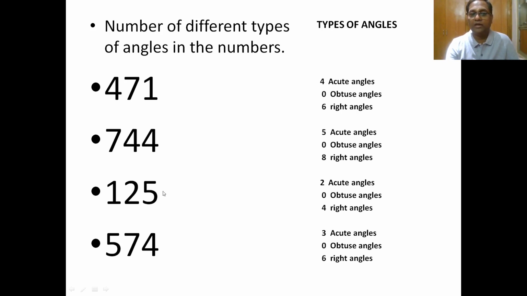There are 2 acute angles. There are no obtuse angles. Coming to right angles: 1, 2, 3 and 4. There are 4 right angles. Again here 1, 2, 3 acute angles, no obtuse angles, and 2 plus 4, 6 right angles.